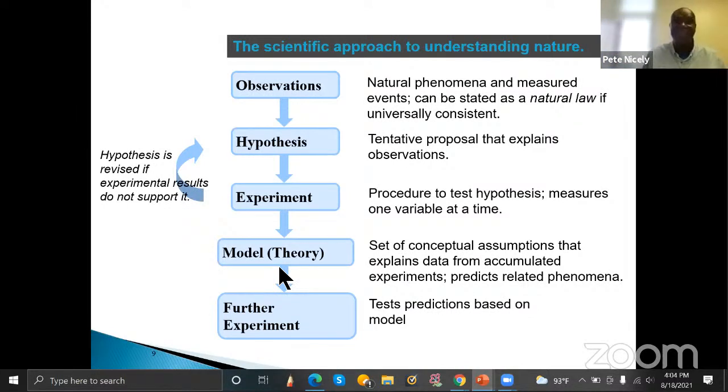So you can have a theory that exists for many years, well established, accepted by the scientific community, but somebody somewhere does an experiment and it results in the theory being no longer accepted. And therefore, you'd have to go back up here to do further experimentation, to create a new theory, to explain the new observations, all right?